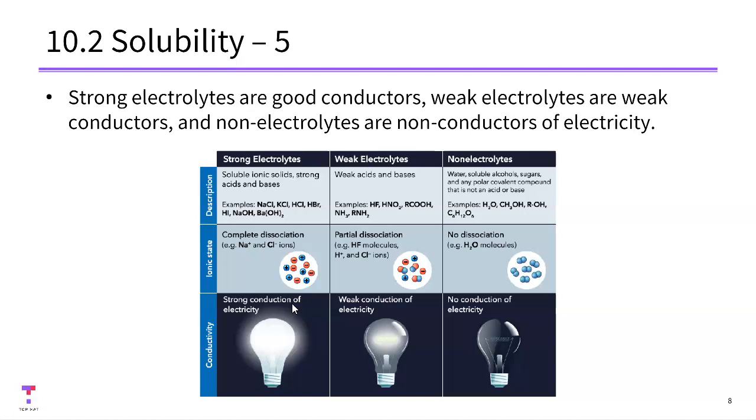This bulb is a lot closer to the non-electrolyte brightness than it is to the strong electrolyte brightness. Why? Well, 5% ionization is a lot closer to 0% ionization than it is to 100% ionization. More ions, more conductivity, brighter bulb.